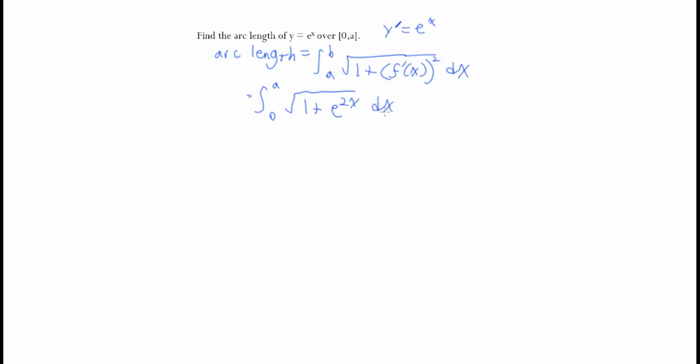And then from here, what we'll have to do is take a u substitution of, believe it or not, the entire square root.